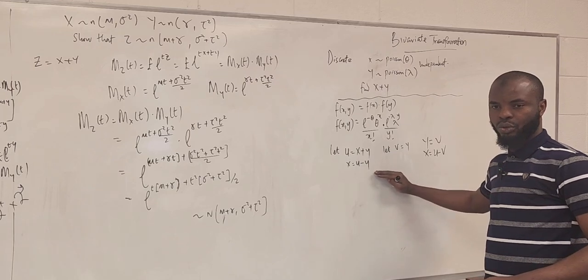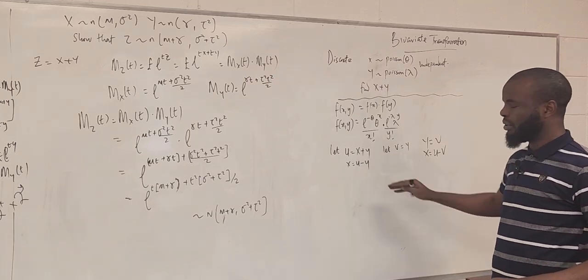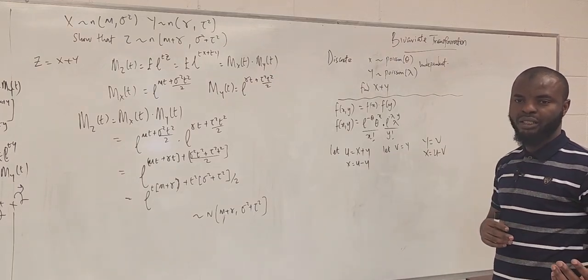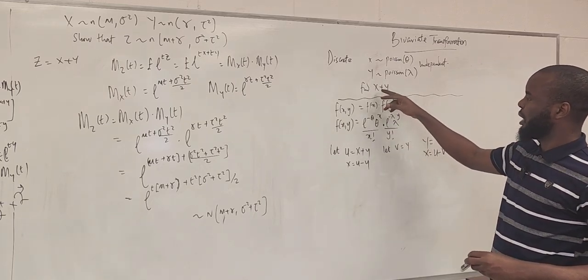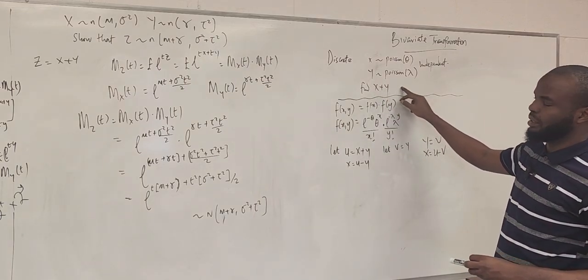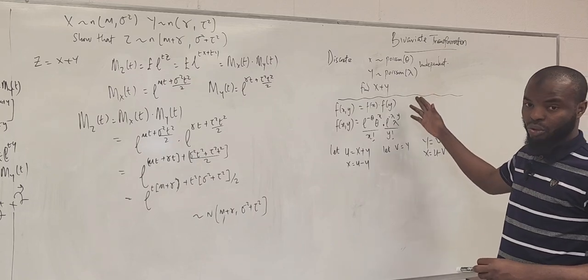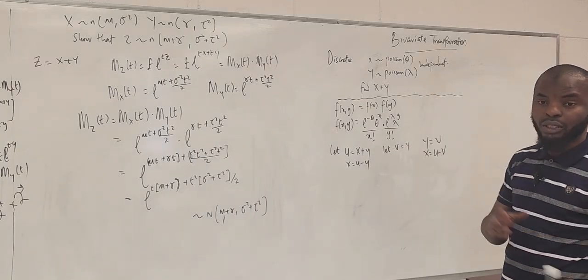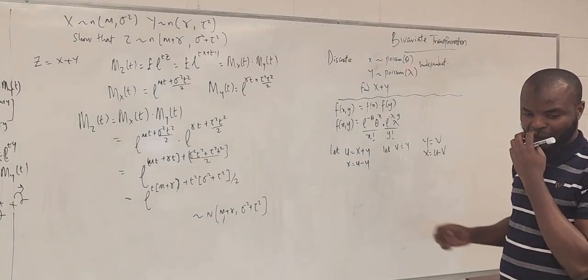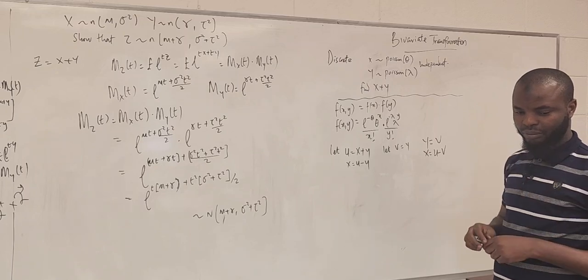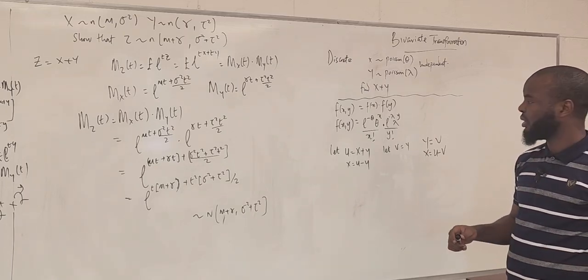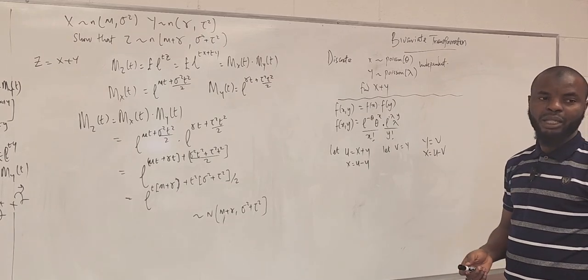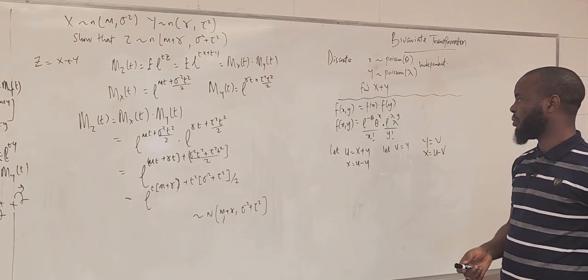Then you can get your v from it. But sometimes you'll be told to find the distribution of x plus y and something else. Then the first one is going to be u, the second one is going to be v. How to select v? It can be x or y.